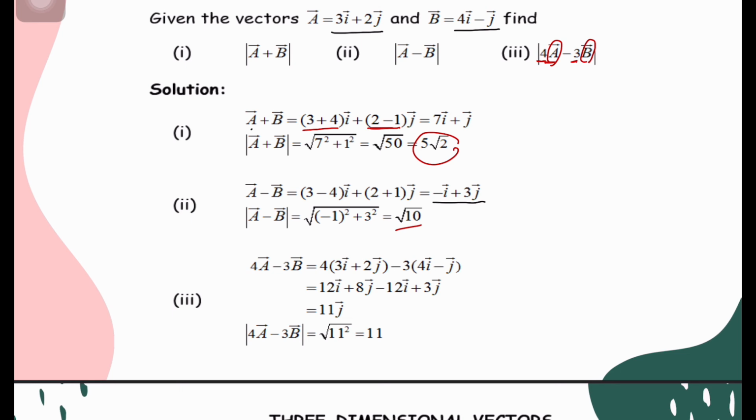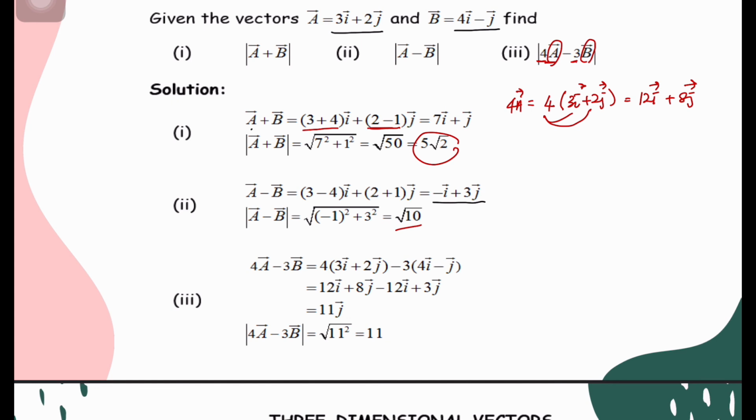Let's do this first. What is 4a? The scalar 4 multiplied with vector a, which is 3i plus 2j. Multiply 4 with 3, you have 12i, and multiply 4 with 2, you have 8j. So this is 4a.